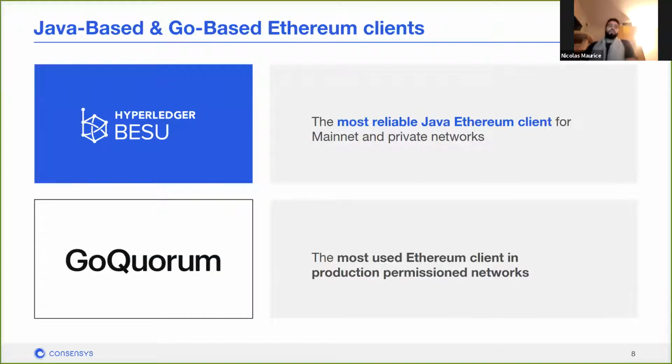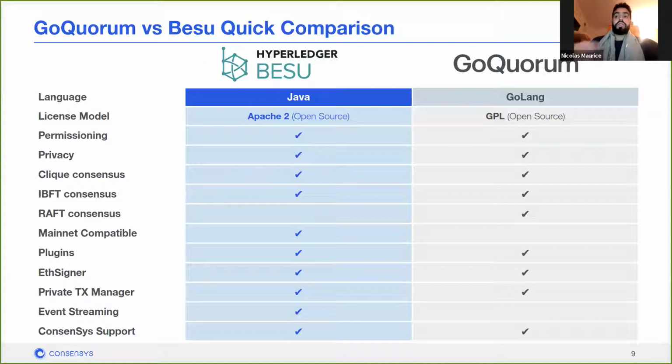So about Hyperledger Besu and GoQuorum, both are enterprise Ethereum clients. Hyperledger Besu is the most reliable Java Ethereum client for mainnet and private networks. And GoQuorum is the most used Ethereum client in production permissioned networks. So going through the features of both those clients.